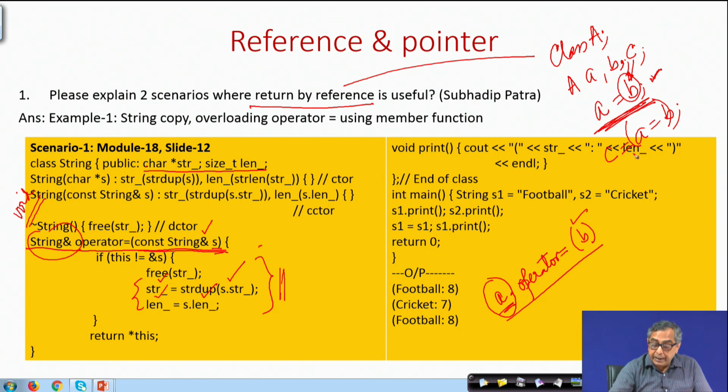So, which means that A assigned to B must also produce a value, it must return something, which will in turn be assigned to C. So, because of this cascading requirement, it is not enough that I can have a void here, because the objective is not only to copy value from B to A, but also to return a value which can be further assigned to another object of the same type, like C here.